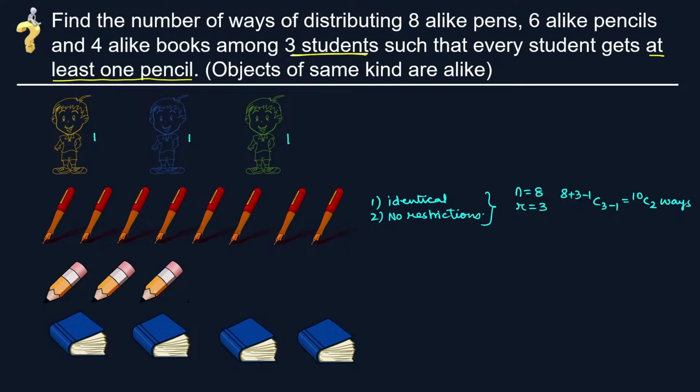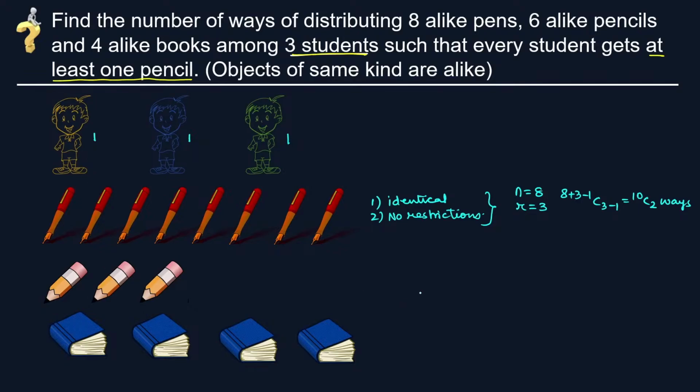And when these 3 pencils are distributed among these 3 students without any restriction, the condition given in the question is fulfilled. Because in the worst case, all these 3 pencils go to 1 person.